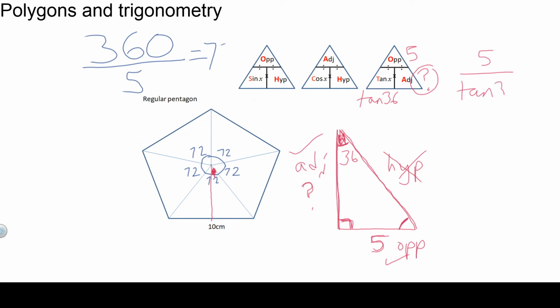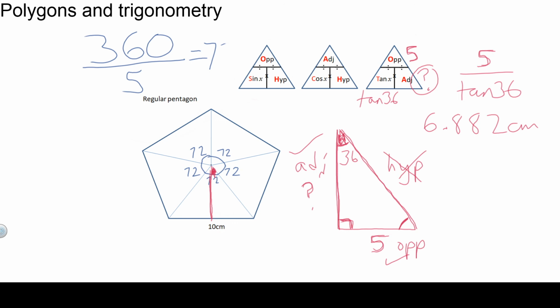Some people by mistake put tan 36 on the numerator, but you can see clearly at the top we have 5, so 5 goes on the numerator. Do that on the calculator. So I'm going to round my answer to 3 decimal places. So that is the vertical height. The vertical height is 6.882.